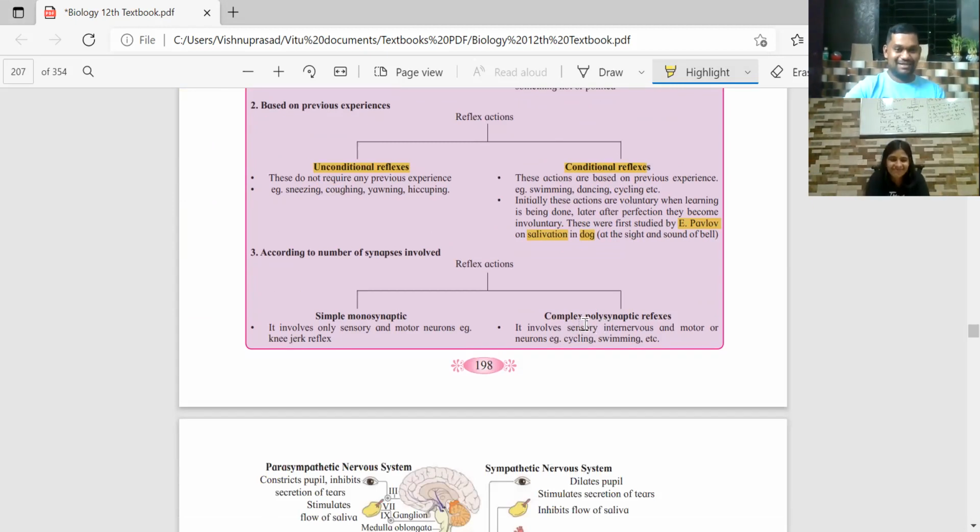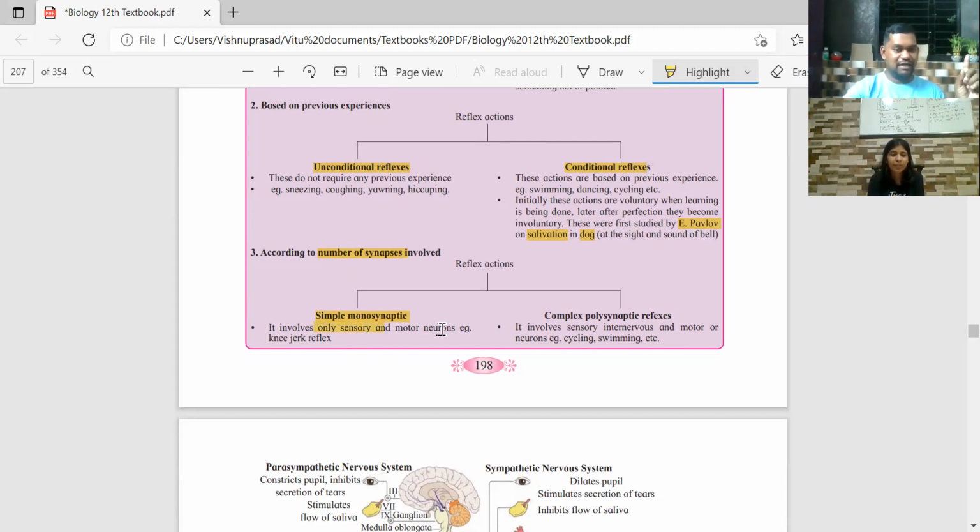Next, another criteria of classification of reflex action, depending upon the number of synapses that are involved. You recollect synapses. Simple monosynaptic reflex action. इसका मतलब इसमें क्या रहेगा?